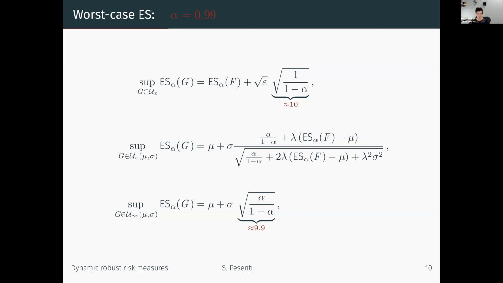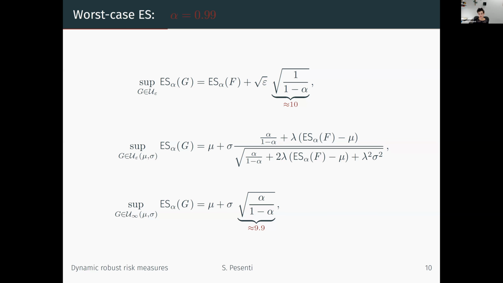And the middle case is when epsilon is small enough. So we have the mean constraint, the variance constraint, and the Wasserstein constraint. And here we see this is a more complicated formula that depends on the reference distribution, its mean, its standard deviation, and its expected shortfall.